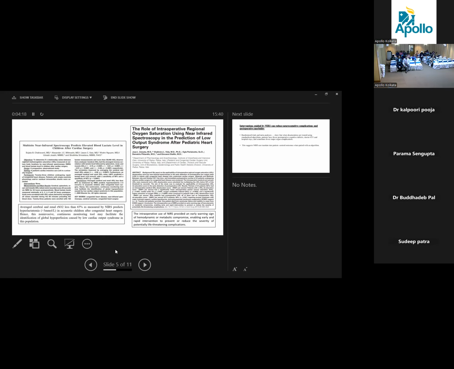Hence, this non-invasive continuous monitoring tool may facilitate the identification of global hypoperfusion caused by low cardiac output syndrome in this population. Another study was the role of intraoperative regional oxygen saturation using NIRS in prediction of low output syndrome, similarly in pediatric heart surgery. Here also, intraoperative NIRS provided an early warning sign of hemodynamic and metabolic compromise, enabling an early and rapid intervention to reduce the life-threatening complications.